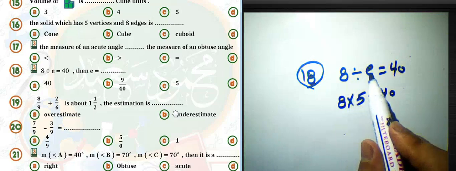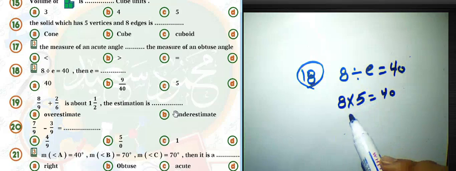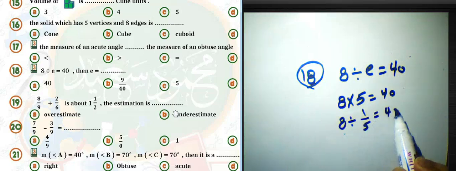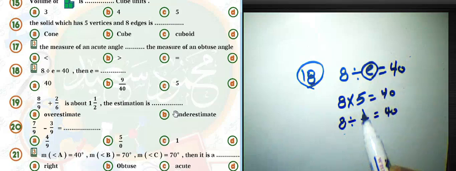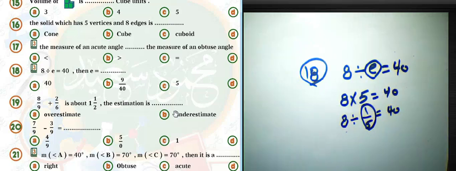So what must E be? 1 over 5, because if you want to convert from multiplication to division, you must write the inverse of the number, which will be 1 over 5. So E must equal 1 over 5. 8 divided by 1 over 5 equals 40.